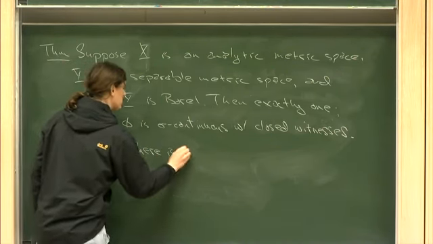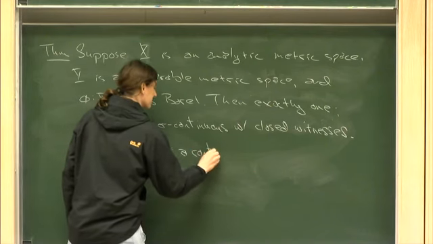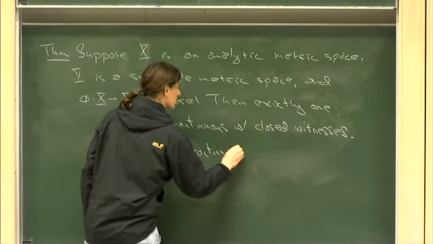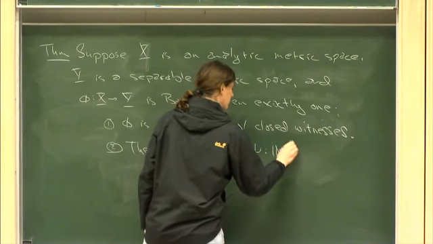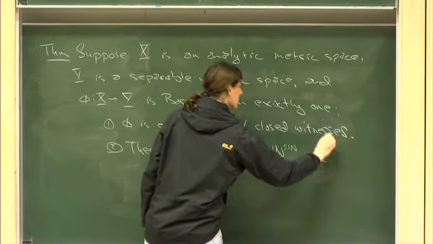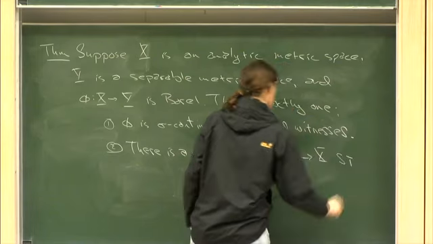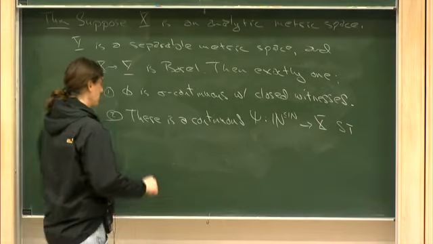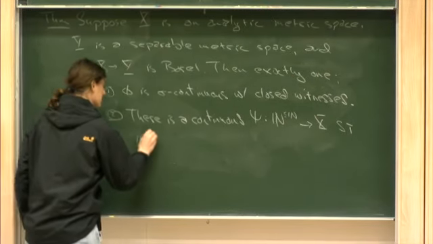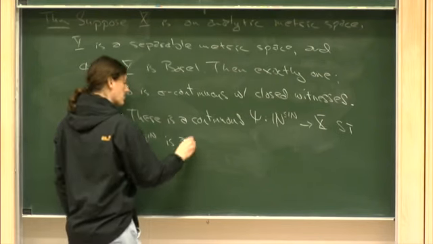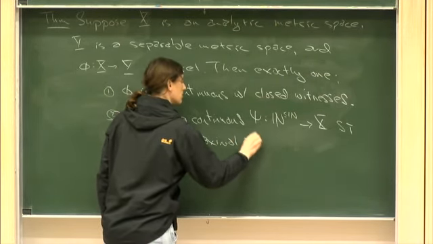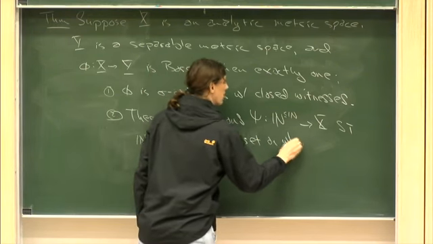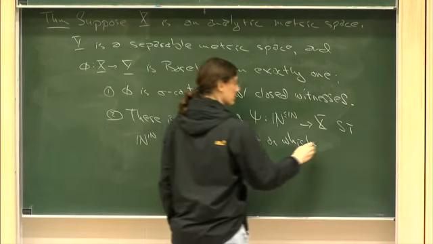well, there is a continuous function C, again from here to X, such that Baire space is a maximal set on which the composition is continuous.